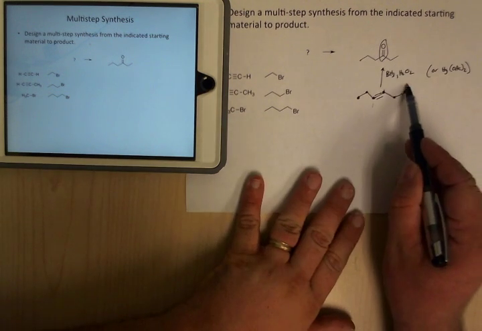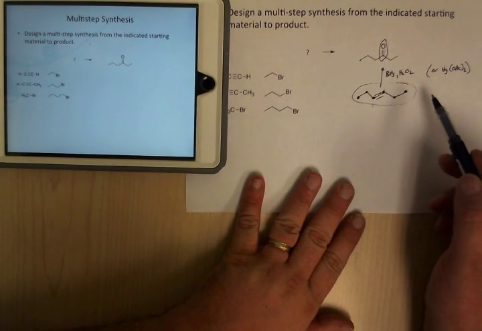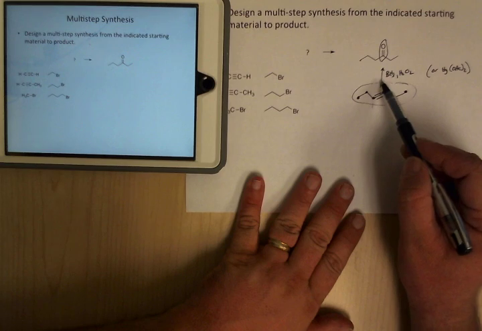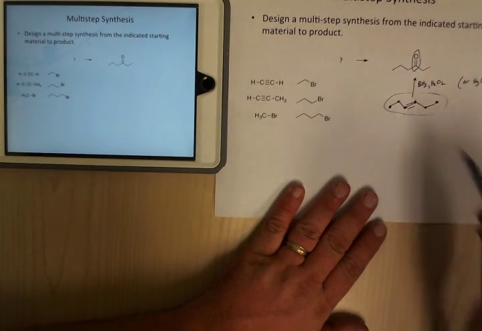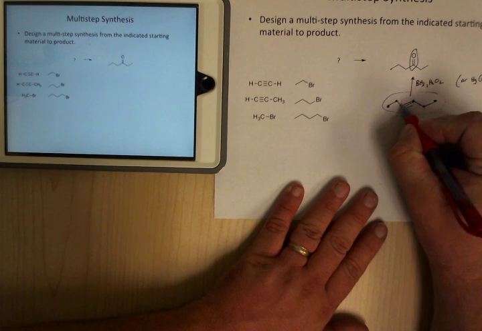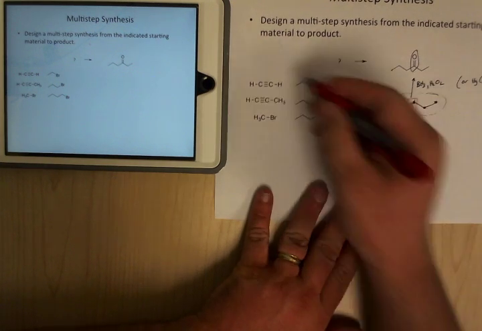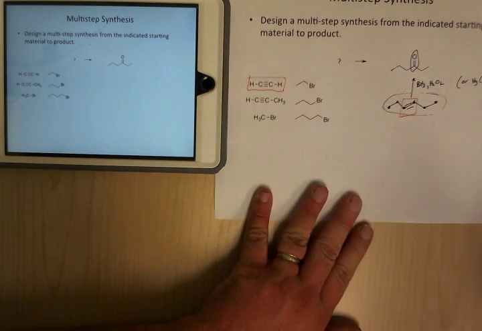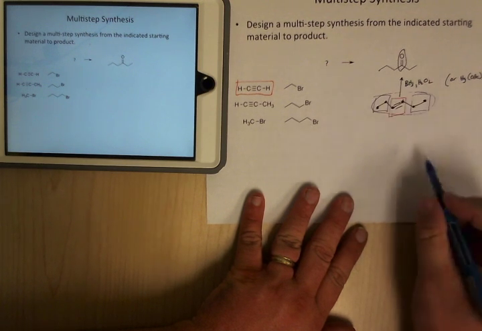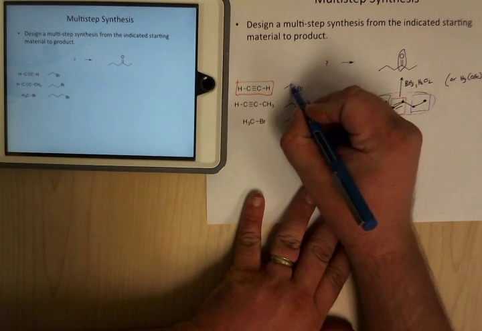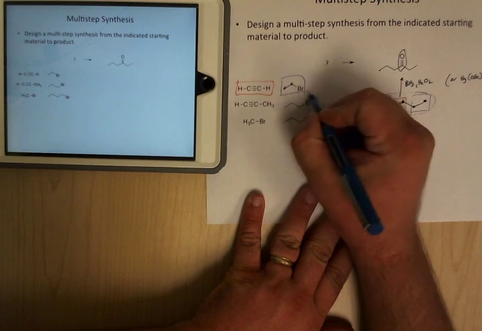So really what we want to do is we really want to build this molecule. Okay, so you do this last step, and then you take these components to try to build this. Okay, and so you can sort of think about this as this here is probably going to be that. Okay, and then all we really need to do is add a 2-carbon piece on either side, right? Which would be this one here.